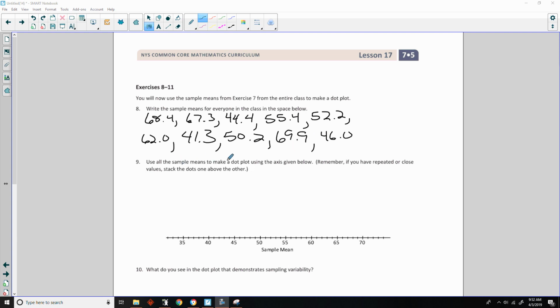Number 9, it says use all the sample means to make a dot plot using the axis given below. Remember, if you have repeated or close values, stack the dots one above the other. 68.4, so that would be about here. 67.3, which would be here. 44.4 is here. 55.4.